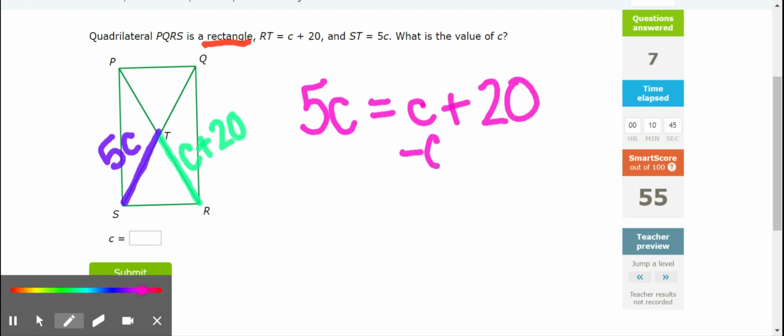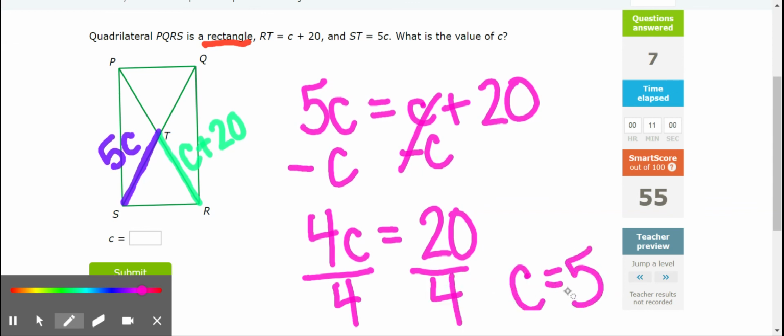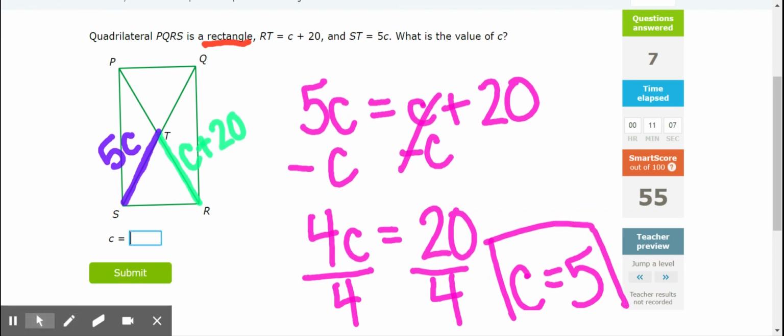Solve it. So minus c, minus c. 5c minus c is going to be 4c equals 20. Divide by 4, divide by 4. So C is going to equal 5 because 20 divided by 4 is 5. So I'm going to enter a 5.